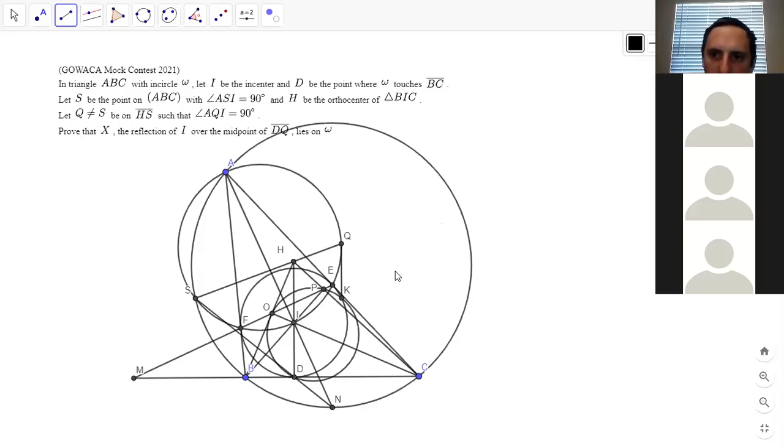The Feuerbach points of BHC. Wow, this is pretty crazy. This is some deep math.